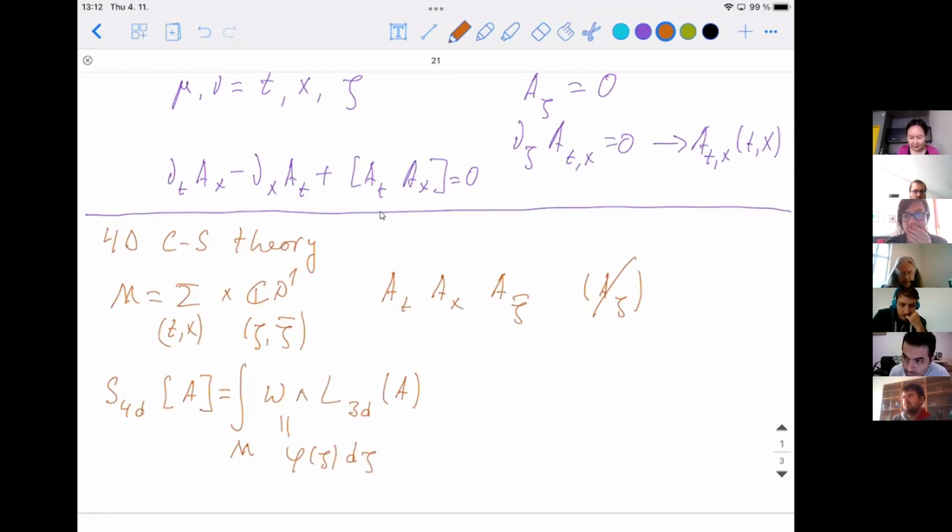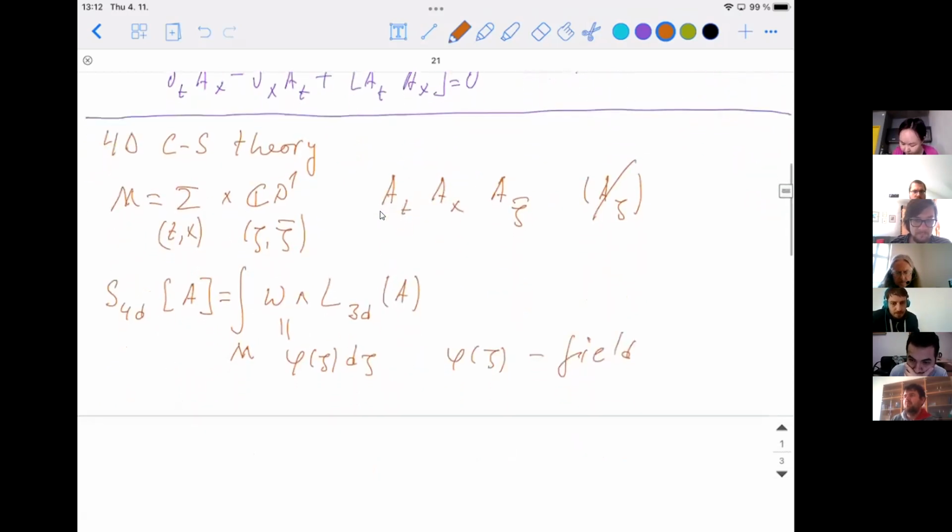If you want to write the Lagrangian in terms of wedge products, then we should write it that way. But this phi is not a field; it's like initial data of this setup.